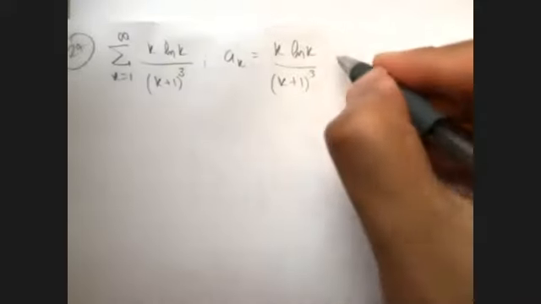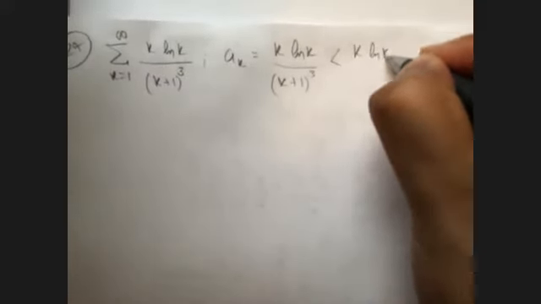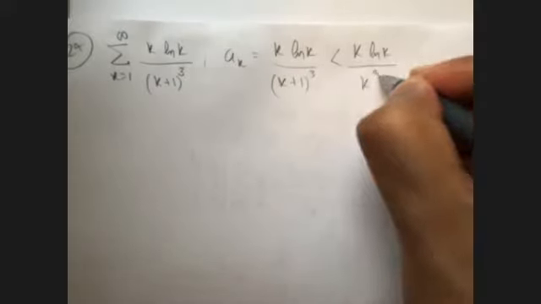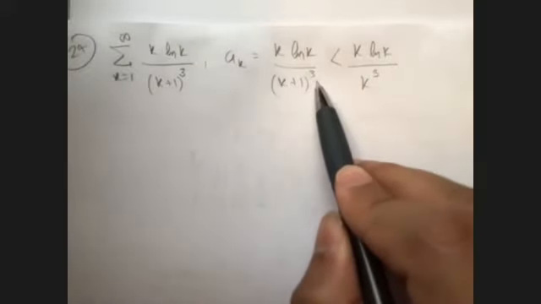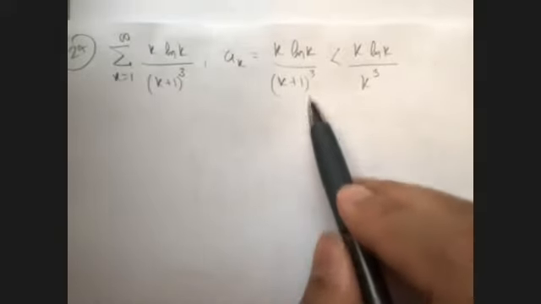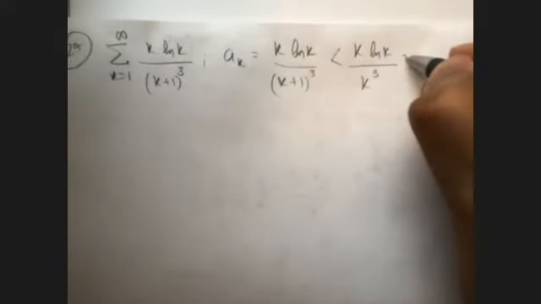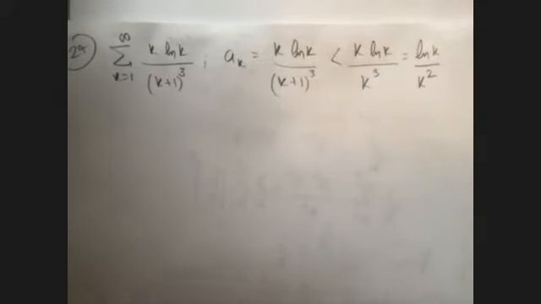One thing we see here is this is less than K ln K over K cube, because K plus 1 cube is greater than K cube and it's in the denominator. Which is the same as ln K over K square.